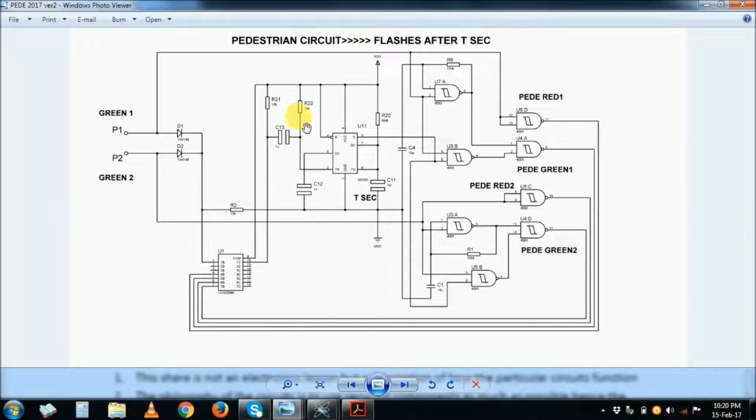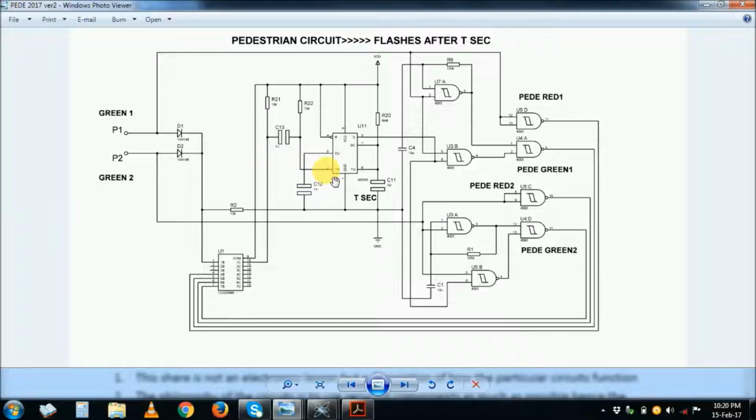You can have this one, or you can actually have two of them, which means for the P1 you have a separate timer, and then you cut out here and connect to the separate timer, which is pin number 3. So pin number 3 is connected to that one, and then the other timer, the pin number 3, is connected to that one, which you separate from there. So you have a separate circuit with a separate timing function.